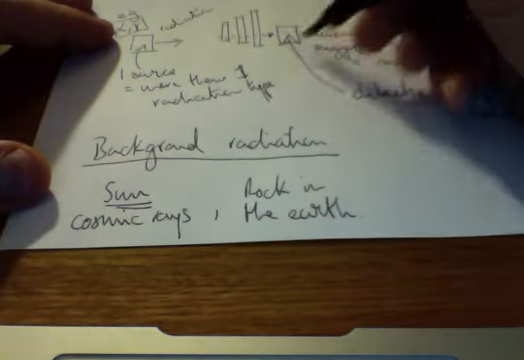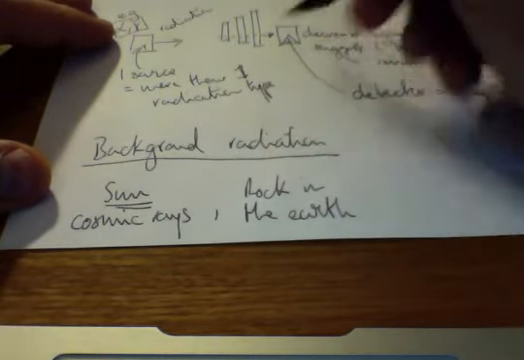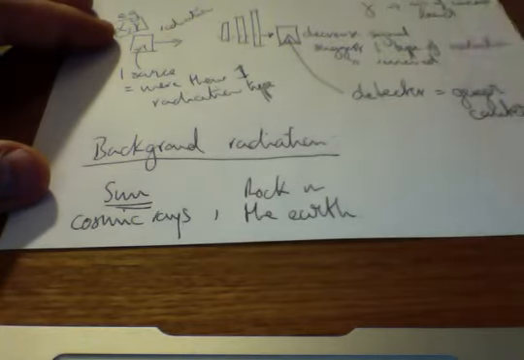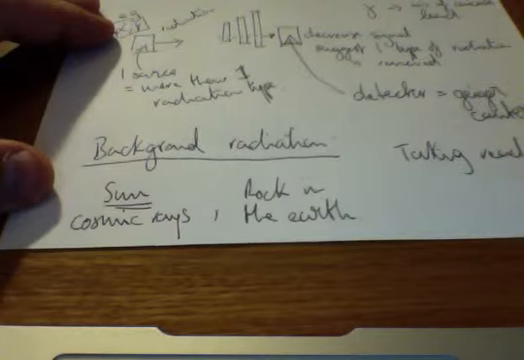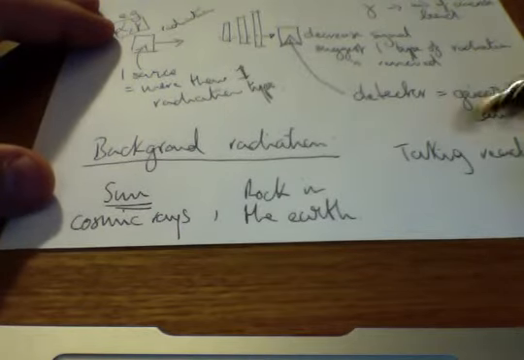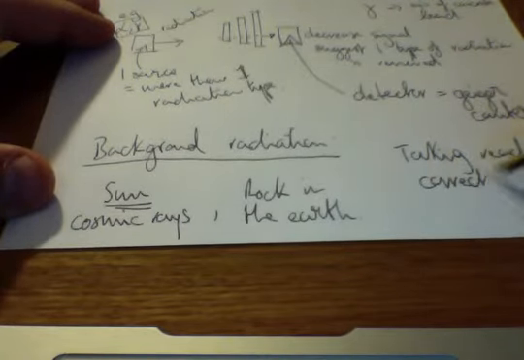Now, because you're always going to get a signal because of background radiation, when you're taking readings, you must correct for background.